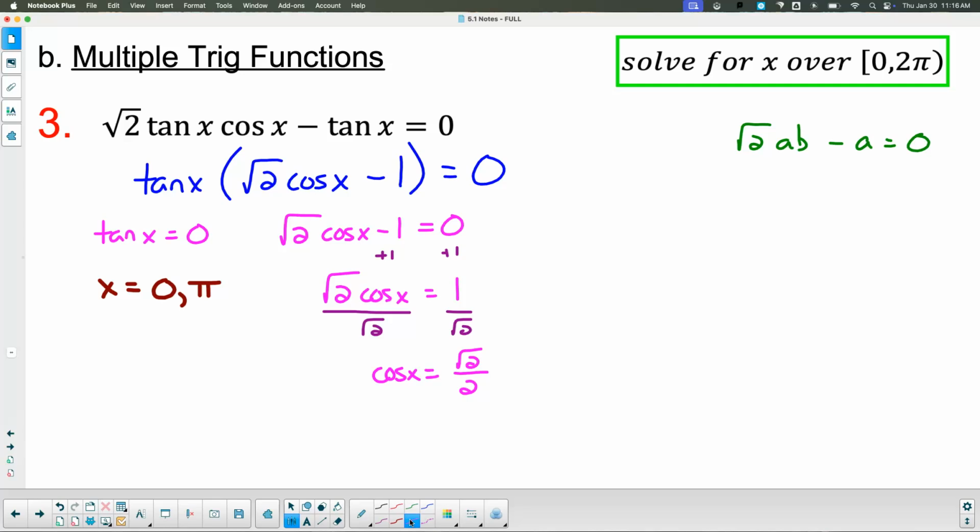Where on the first lap of the unit circle is cosine equal to root 2 over 2? Pi over 4 and 7 pi over 4. All 4 of those are your answers: 0, pi over 4, pi, and 7 pi over 4.